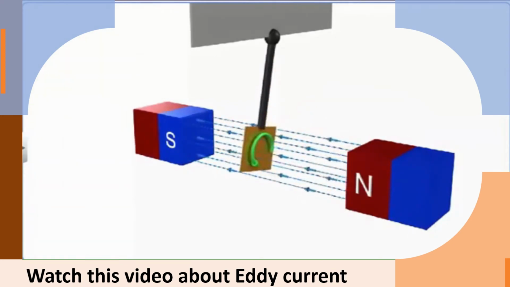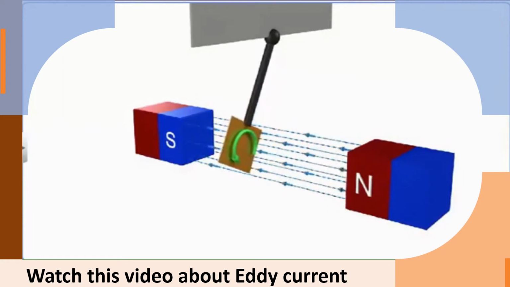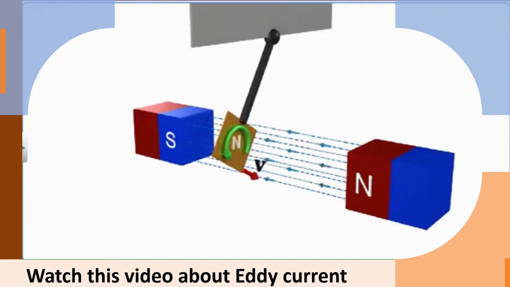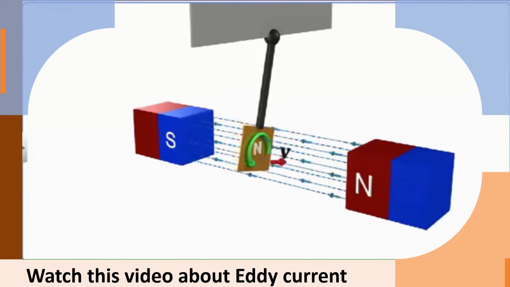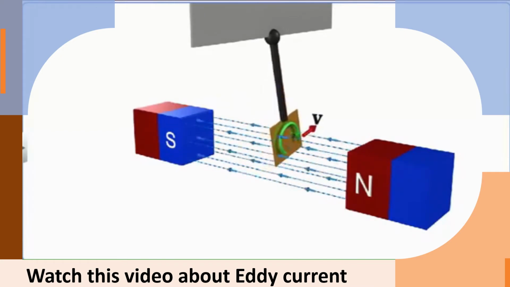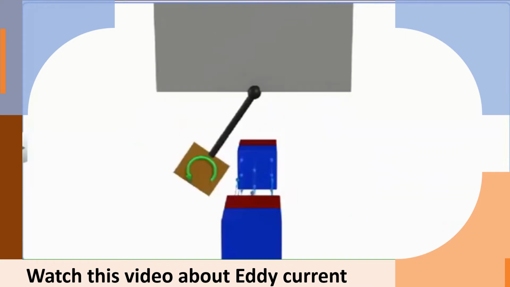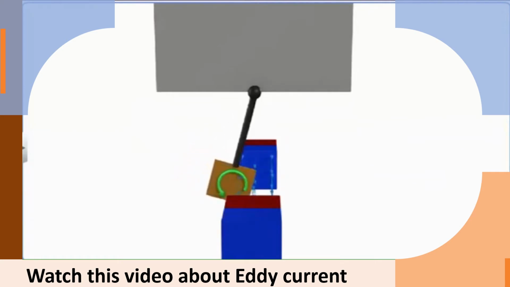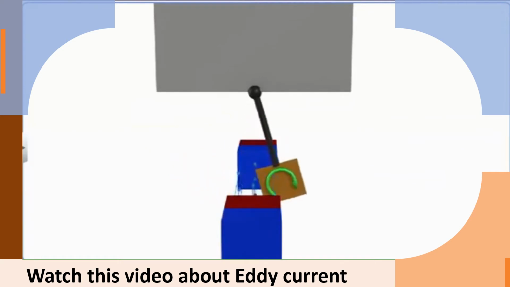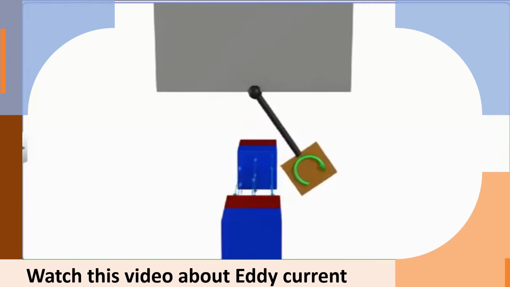Hence, by Lenz's law, the induced current must provide effective magnetic poles on the plate that are repelled by the poles of the magnet. Thus, here a north pole is induced over the surface of the plate facing the north pole of the magnet.